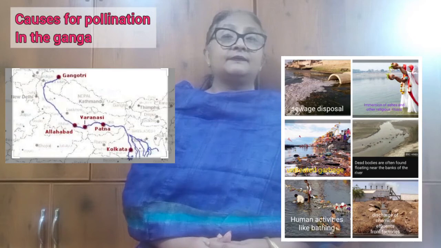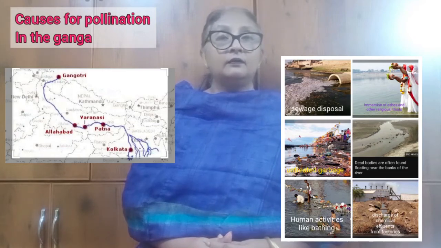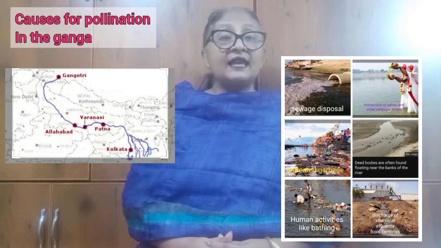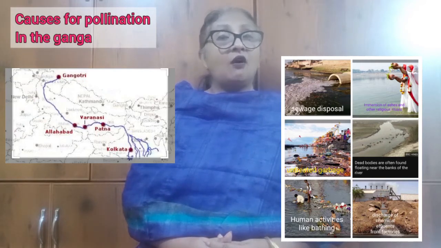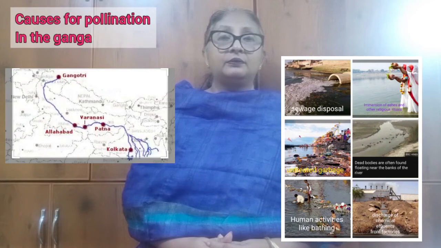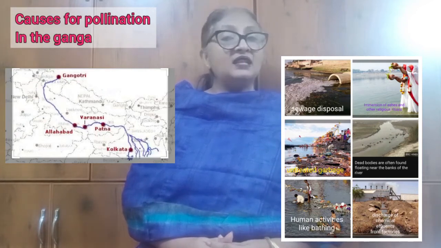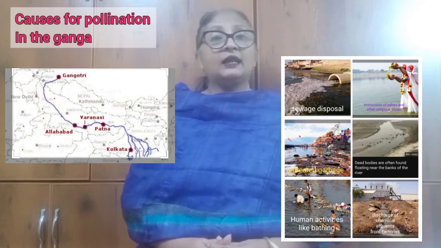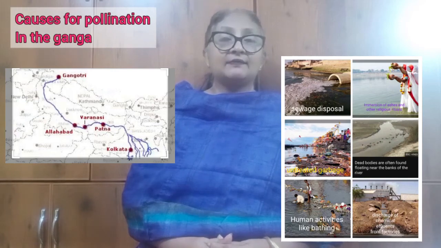Apart from this, factories or industries discharge chemical effluents into the Ganga waters, which has increased the load of pollution. Thus, the water has become very toxic and led to the killing of fishes and other aquatic organisms.